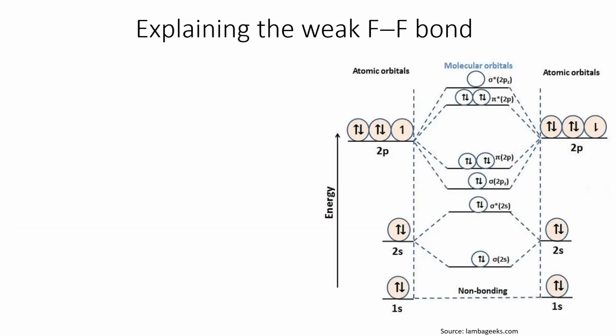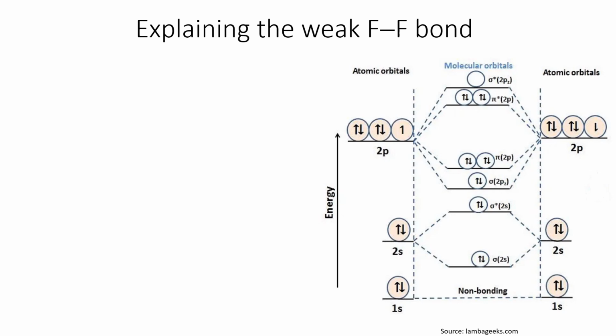Right, now finally, after all that work, we should be in a position to explain the weak fluorine-fluorine bond. So up on the screen here we've got the fluorine molecular orbital diagram. You can see it looks just like the oxygen molecular orbital diagram, but the difference is we've got another couple of electrons. One thing that's special about fluorine that makes a big difference here is that even though there's only nominally bond order 1 in the molecule, there are an awful lot of pairs of electrons.